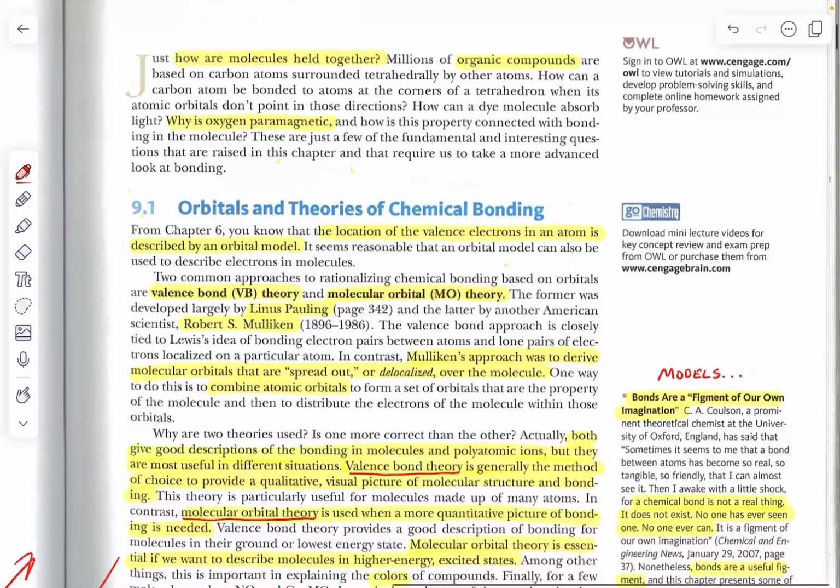So again, just how are molecules held together? What is a bond? Remember, we're not talking about what connects one molecule to another as much as we're talking about a more advanced way of understanding how the atoms within a molecule are held together. Now, there are literally millions of organic compounds, and hundreds of thousands are discovered every year. Where do we discover new organic compounds, or any compounds for that matter?